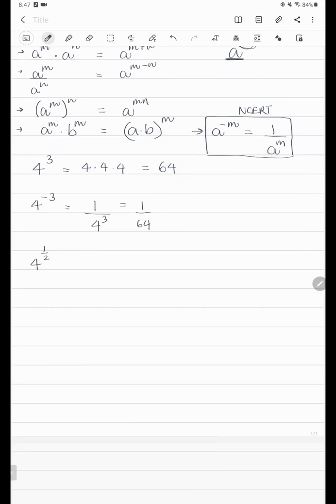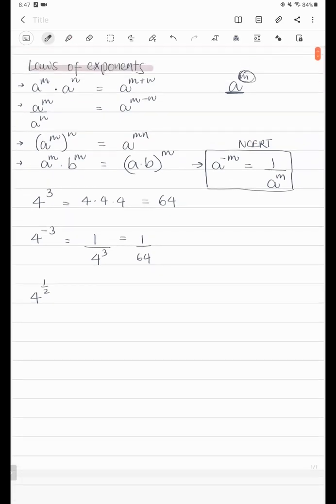Any ideas? 4 is the square of 2, and it will be multiplied by 2. Okay, so 4 to the power of 1 by 2.